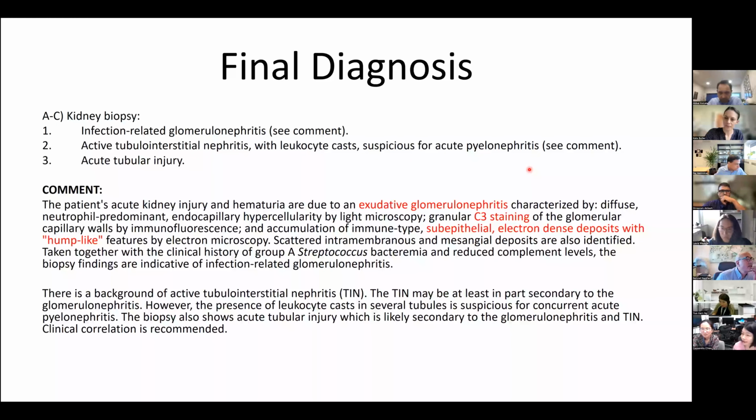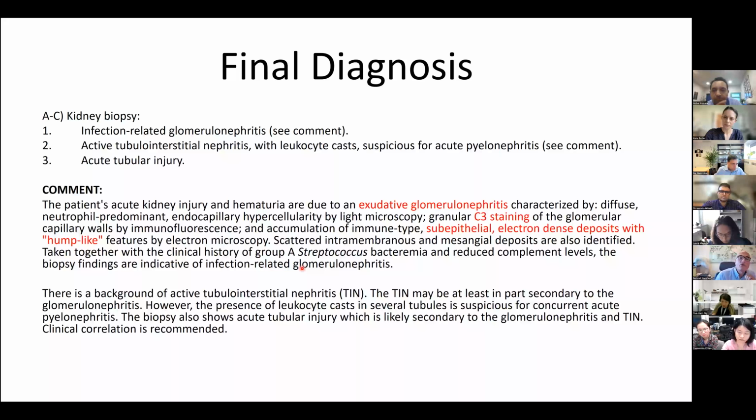The stress of pregnancy likely triggered alternate pathway complement activation. This is a question that Abal has asked. Any concern for infection? As I mentioned in the history, there was group A strep bacteremia that was discovered, and it is the likely underlying thing in this patient.